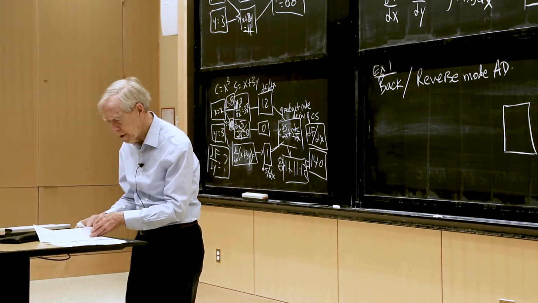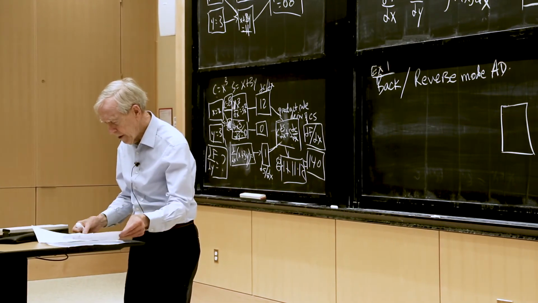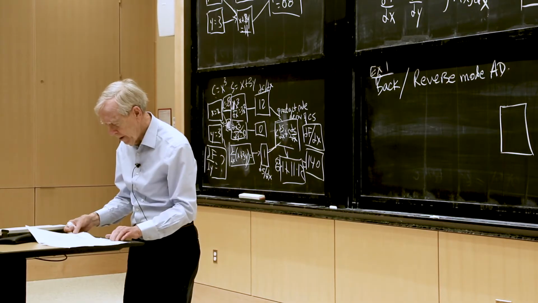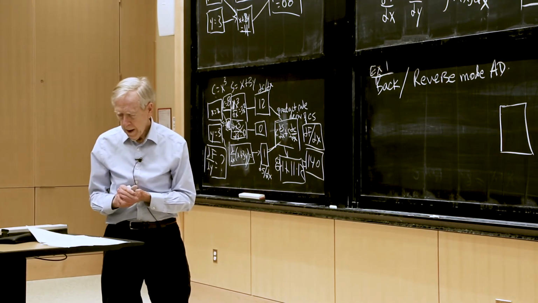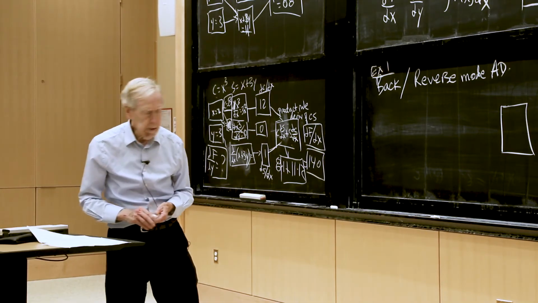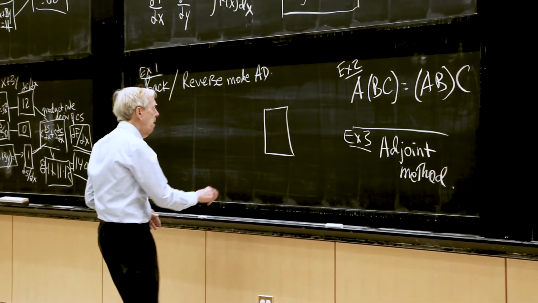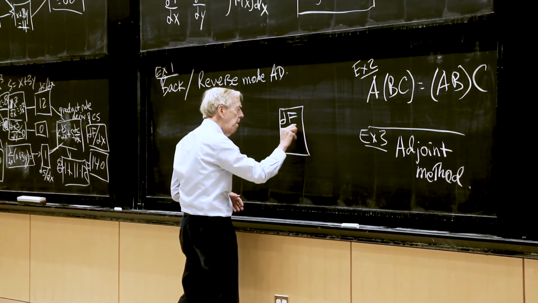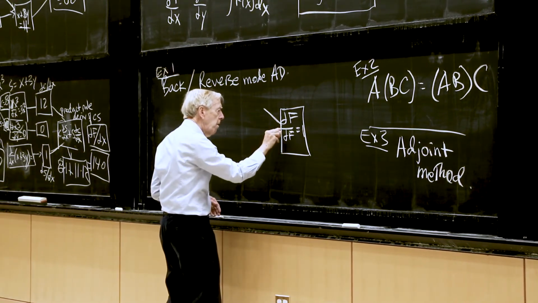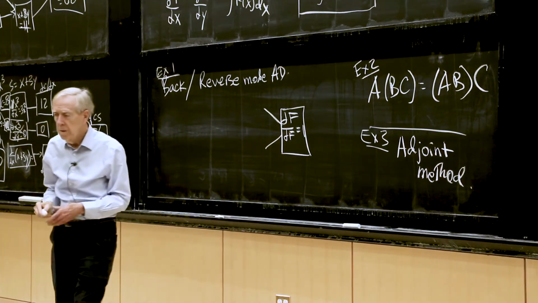So the notes, this is section 7.2, does these computational graphs, and then here is reverse mode. So it starts over here with, so I'm going to use the chain rule. So df is 1, and then I'm going backwards.